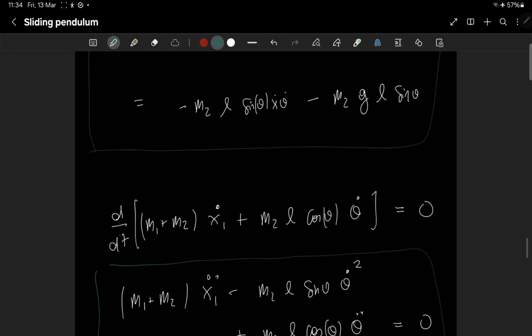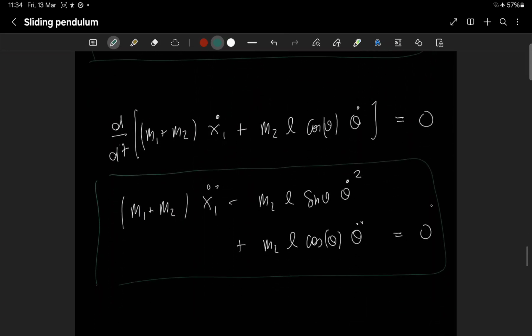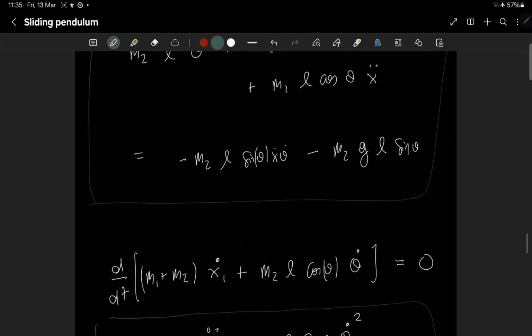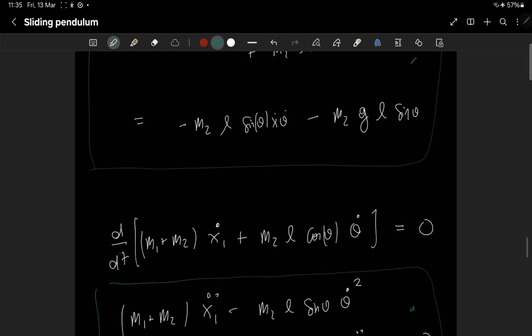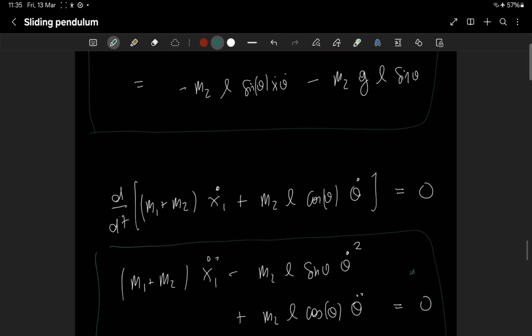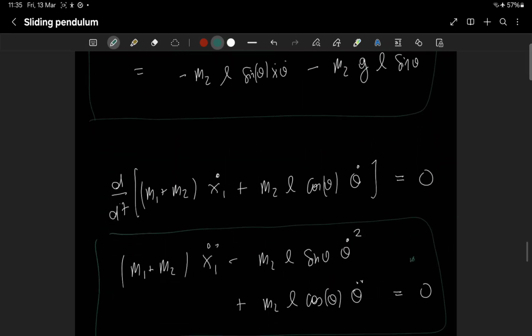As you can see, we have two equations of motion now, this one and this one, and it looks fairly complicated, and it is complicated, and usually you don't solve these things analytically. You usually use numerical methods. So yeah, that's it.